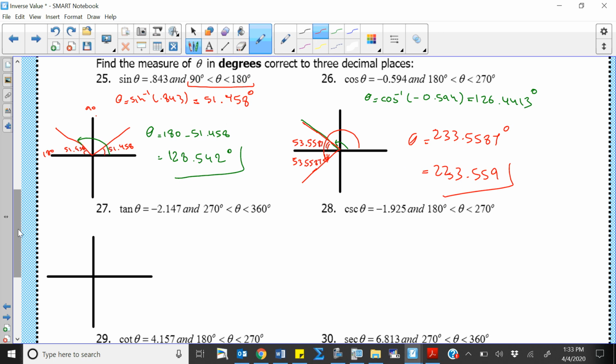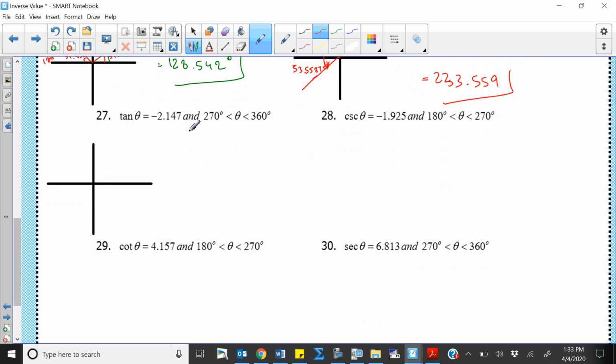Okay, let's do one more example. Tangent of theta is equal to -2 point something. So theta is equal to tangent -1 of negative 2.147.